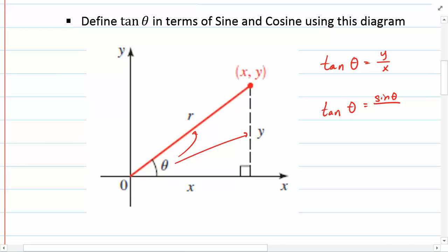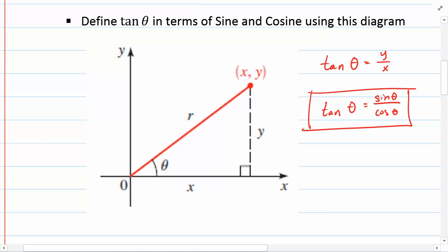Let me get that corrected here. Since x is equal to cosine of theta, again, we have our adjacent side divided by hypotenuse, and our hypotenuse was equal to 1. We now have tangent defined as tangent of theta equals sine of theta divided by cosine of theta. We now have tangent in terms of sine and cosine.